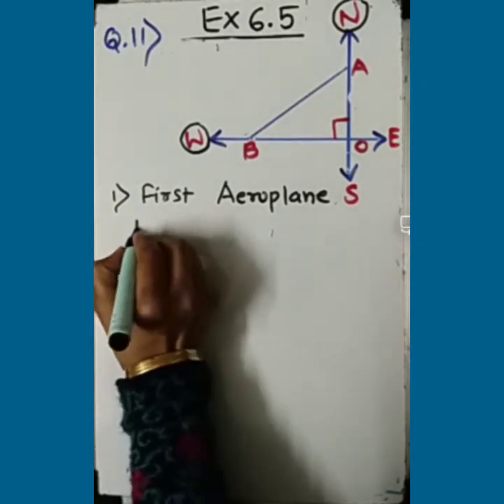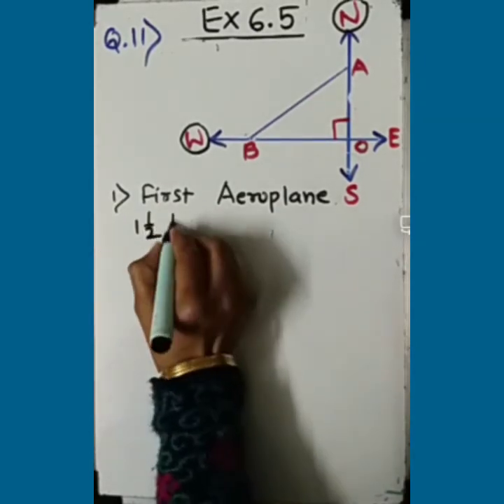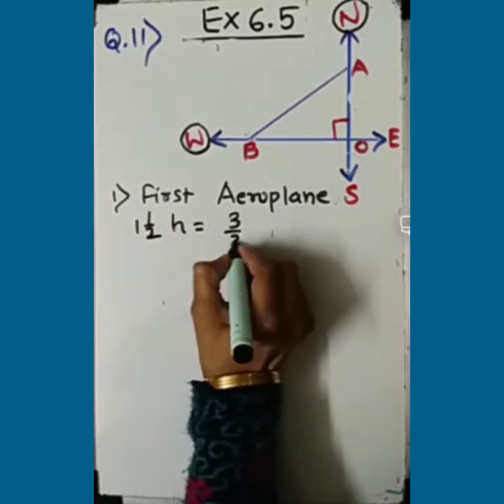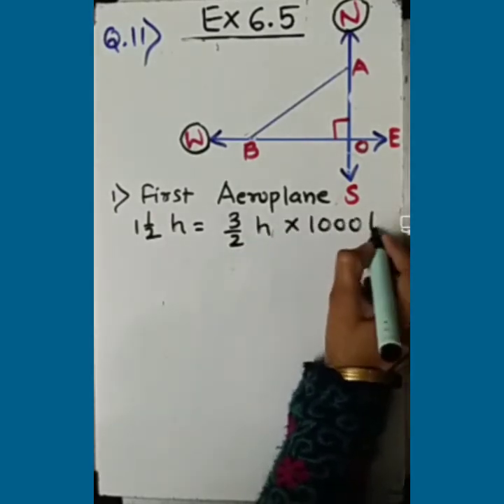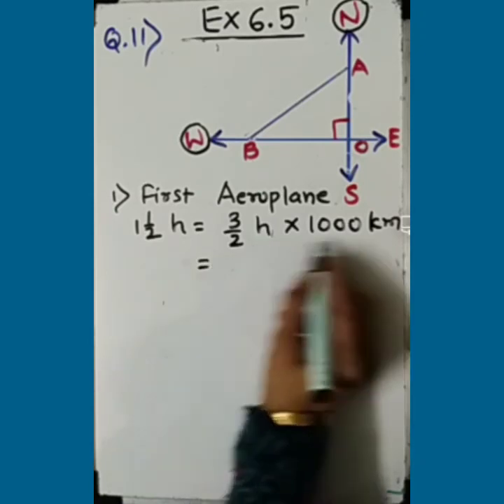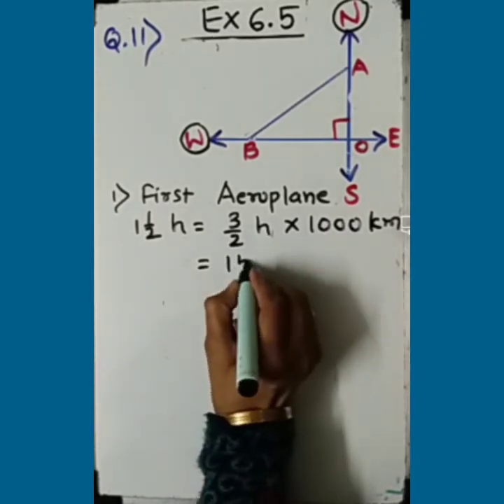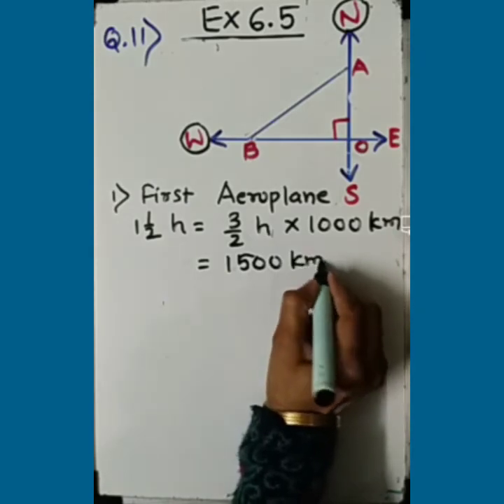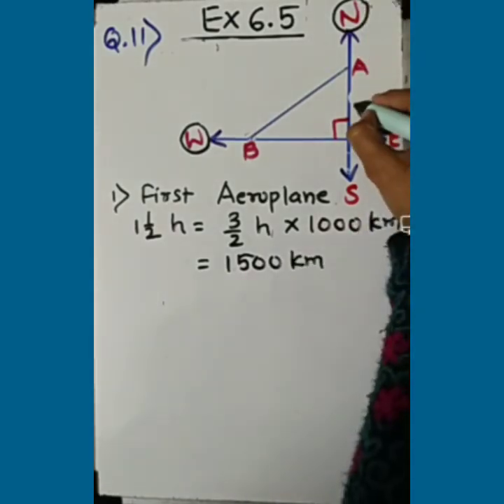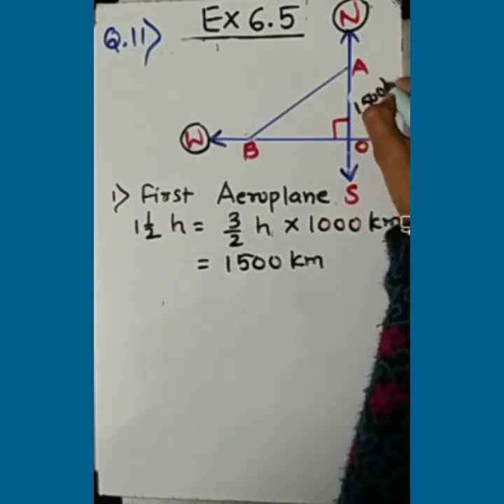Now, will you please tell me, can I write 1.5 hour as 3/2 hour? And in 1 hour, it is 1000 km distance. So, if I simplify it, it will cover 1500 km distance. So I need to mention here this distance is 1500 km.